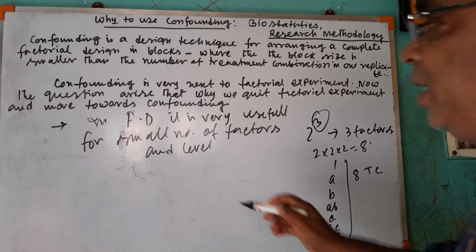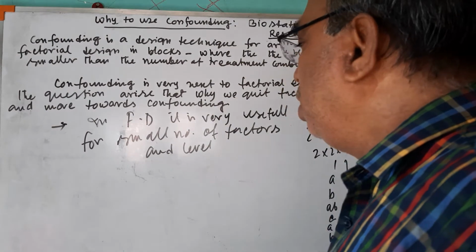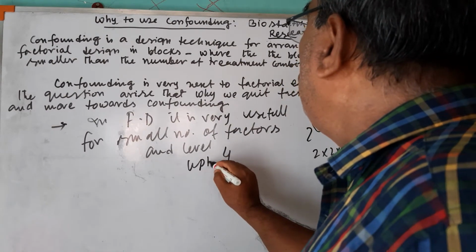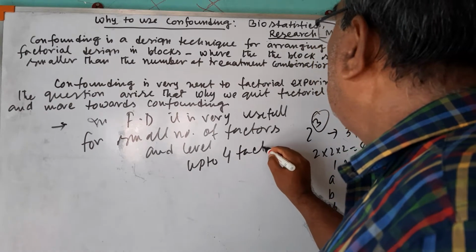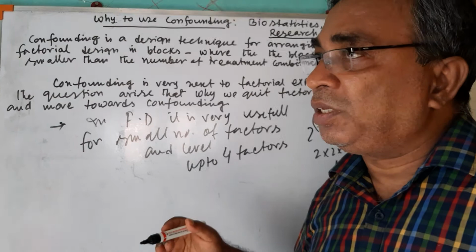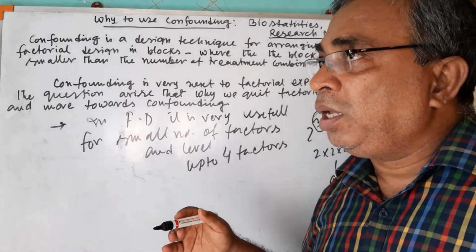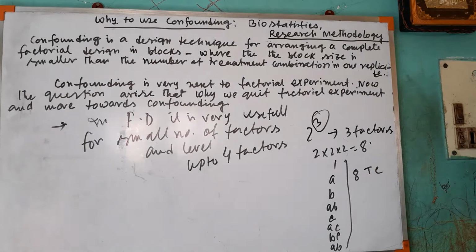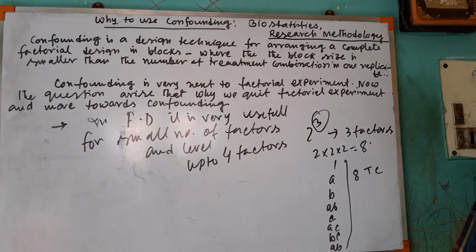In factorial design it works very finely, up to 4 factors. It is very efficient, and we get satisfactory experimental results when factors are less than or equal to 4.